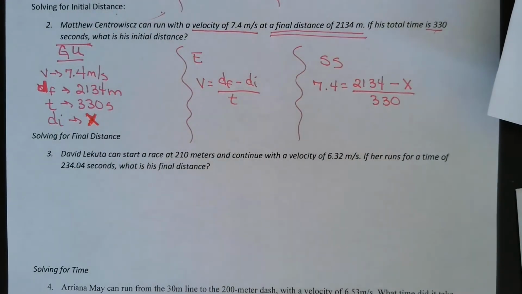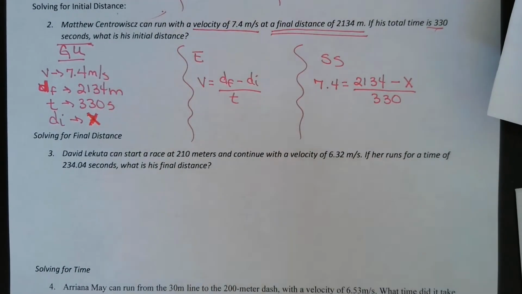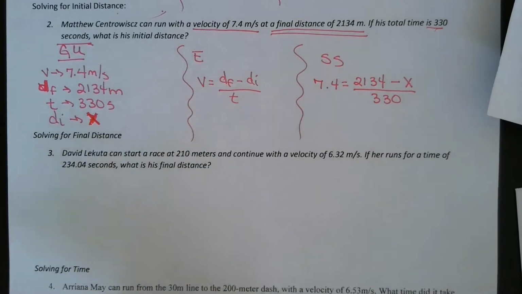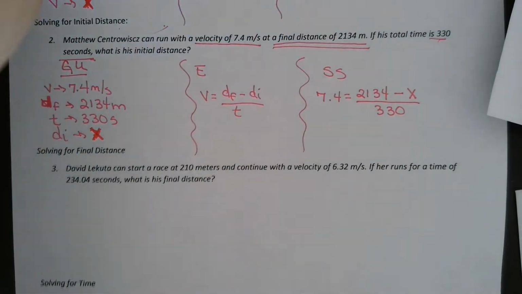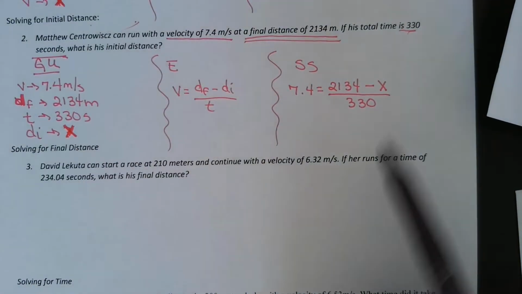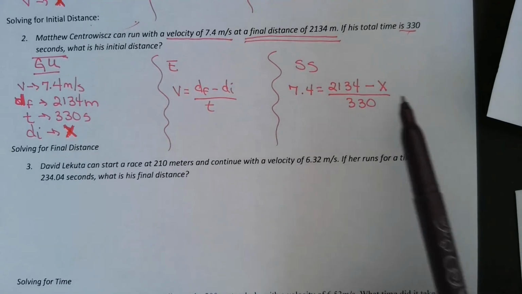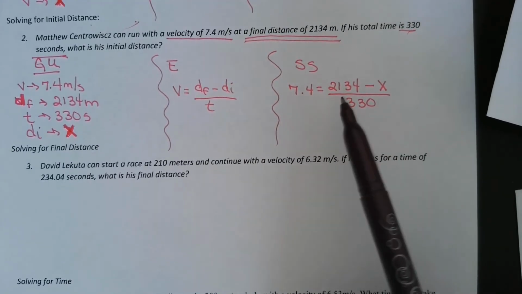So here's where we actually have to do some algebra. I'm going to use different colors for every step. First step to solving for X is get rid of the bottom of the fraction. This is being divided. Anytime you see a fraction, you're dividing.